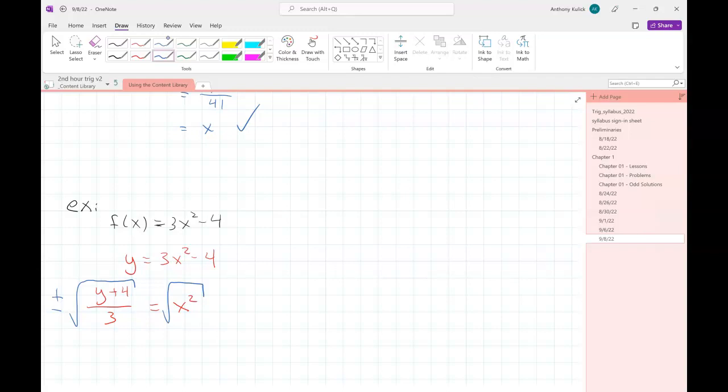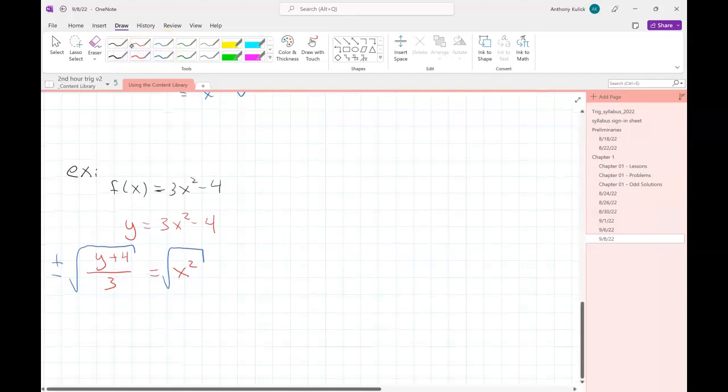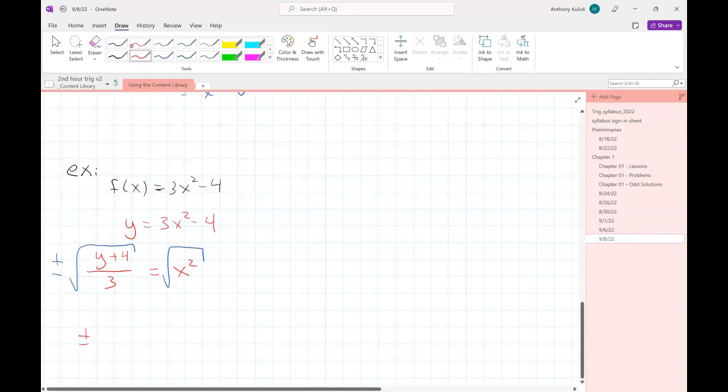When you square root both sides of an equation, it always generates a plus or minus. I want to say that 3 times because kids forget. Okay, so the squared does cancel the square root.